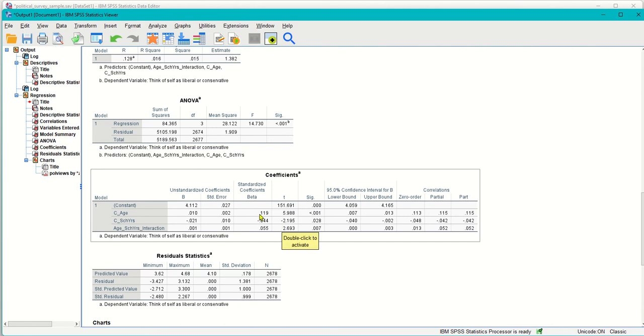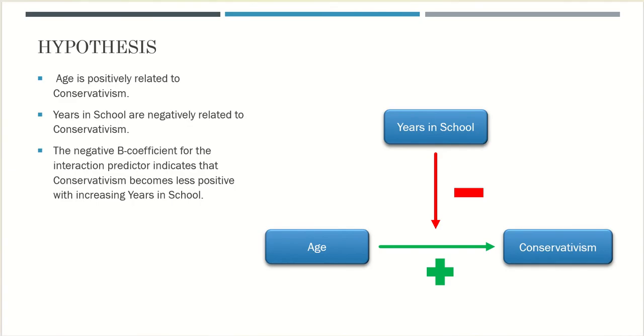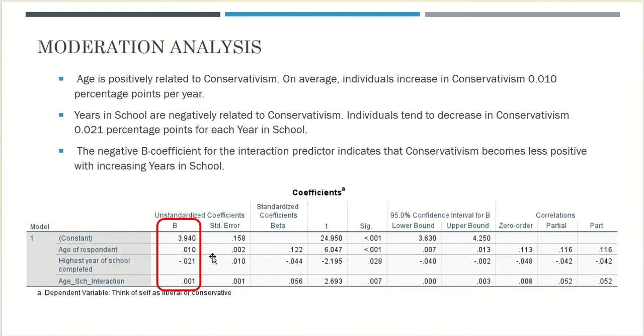We said that the older one gets, the more conservative they would be, so we do see a positive number here. However, less conservatism would be associated with more years in school, and we can see a negative relationship here. And then our interaction term here, and we do see that we have significance for all three. So we'll go back and take a look at that.